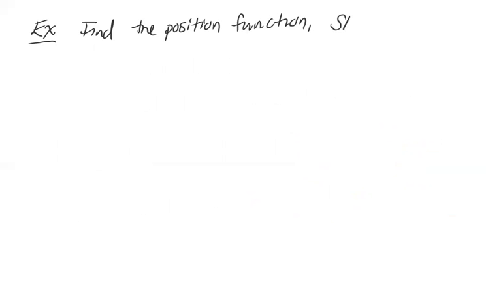Let's do this example. Let's say I want to find the position function. Call that function s of t. Given the following: given that the acceleration function, a of t, is equal to negative 32.